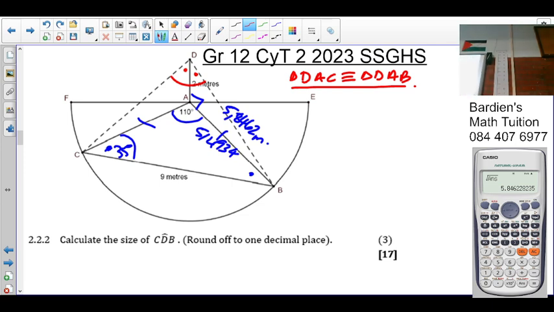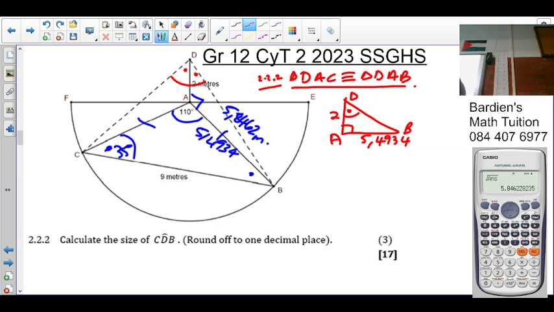So again, you work in a right angle triangle. This is now for 2.2.2. That is 2 meters. That is 5,4934. So I can work out this angle here, which is angle D in this triangle of ADB.